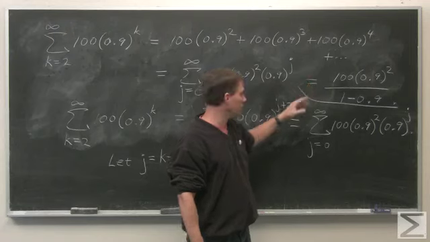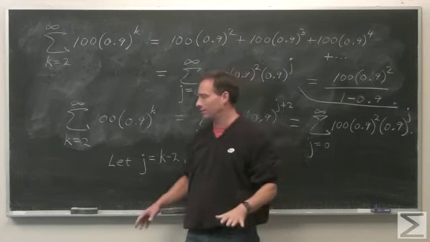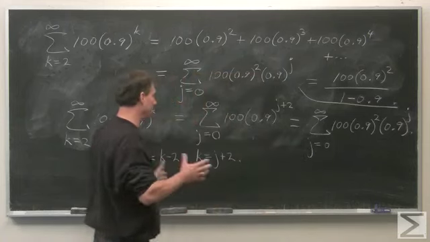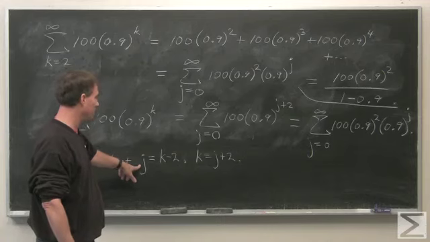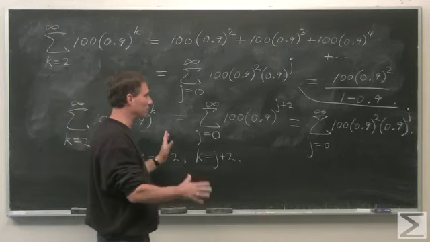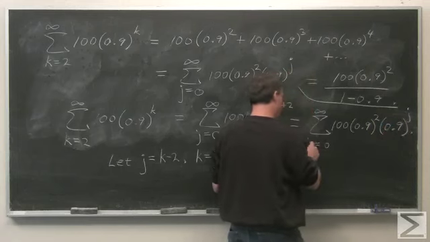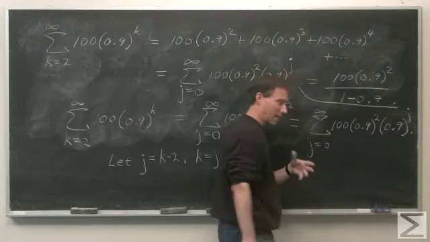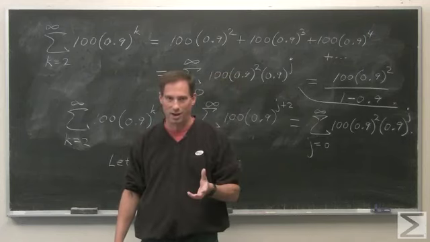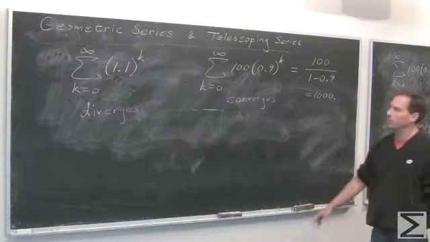It doesn't really matter what you call this index, and you could call it k again, but it's a little difficult to call it k in the intermediate steps, because then you have, let k be k minus 2. So it gets a little confusing when you're substituting. But at the end, when you've rewritten it, you can call your indexing variable k again if you so desire. It would certainly cause confusion in the intermediate steps, though.